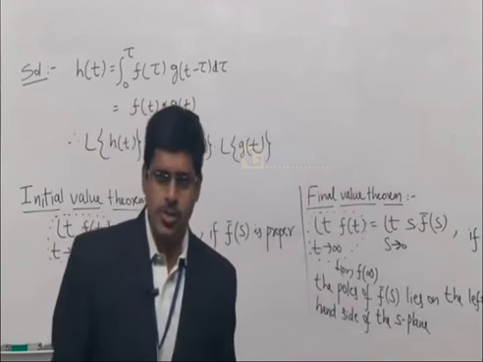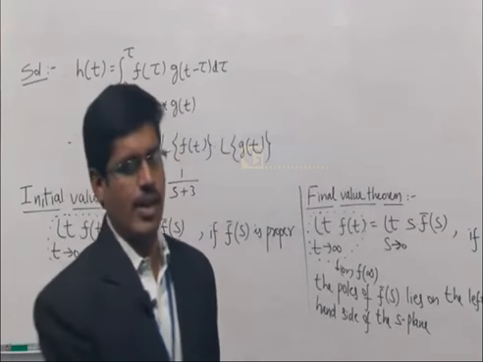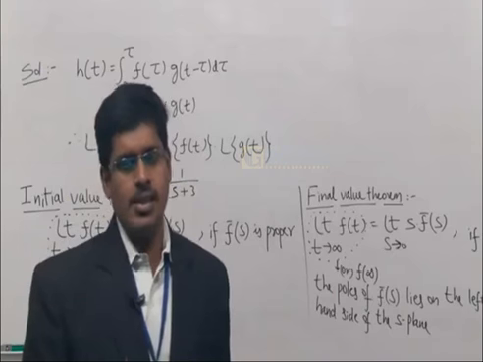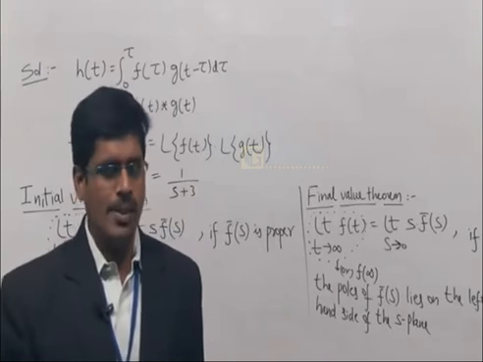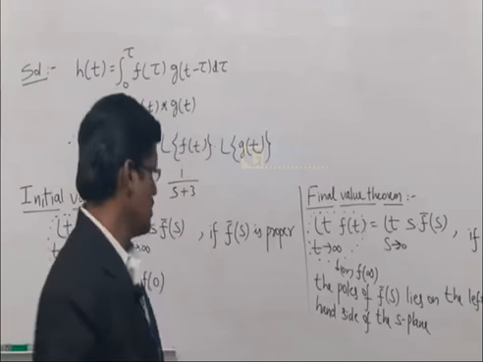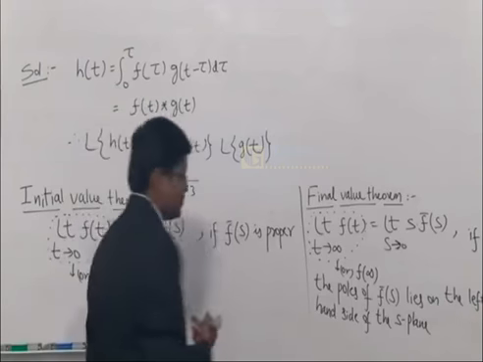S plane means if s is only a real number, then it is one axis, one real axis. If s is an imaginary complex number, then it can be plotted in the argand plane, that is real axis and imaginary axis.